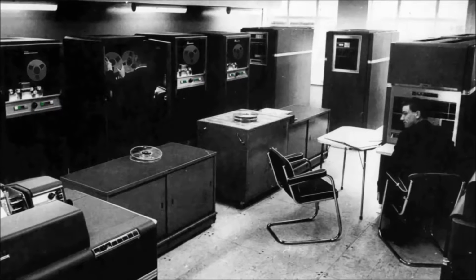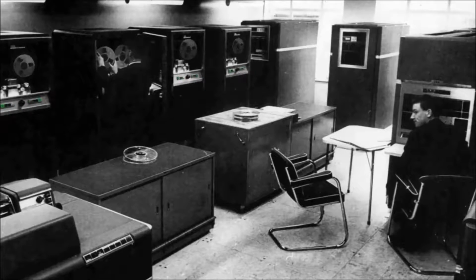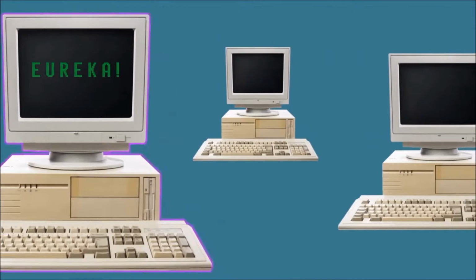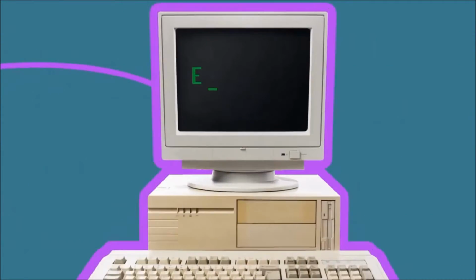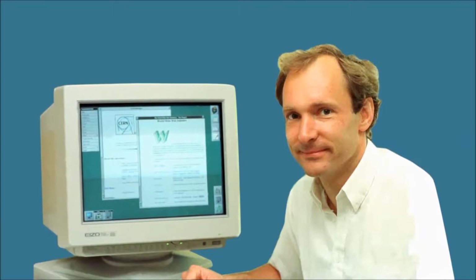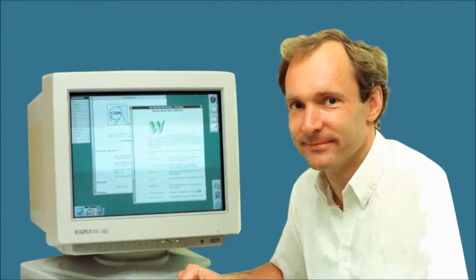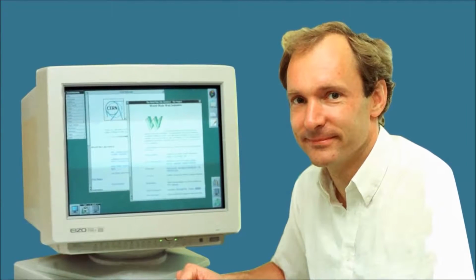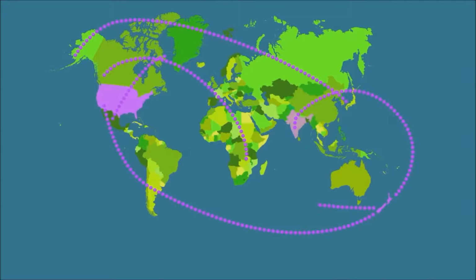Electronic computer arrives in New Zealand, the IBM 650. Pretty soon, academics realise their computers can be linked to do simple information sharing and the internet is born. But in 1991, something incredible happens. English computer scientist Tim Berners-Lee brings together a system that allows connected users to share all sorts of information via their computers.